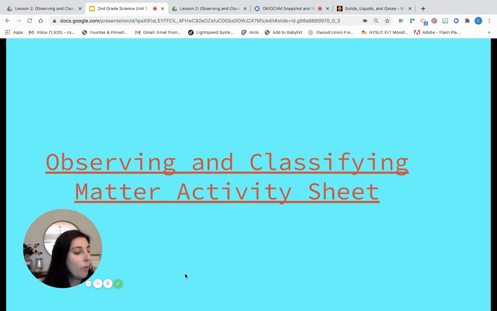Now, in order to observe these objects, these specimens, like scientists would do, we need to come up with some questions that we can ask ourselves that will be the same across all 3 specimens. So what are some questions that we could ask to determine if something is a solid, a liquid, or a gas? I'll give you one example.